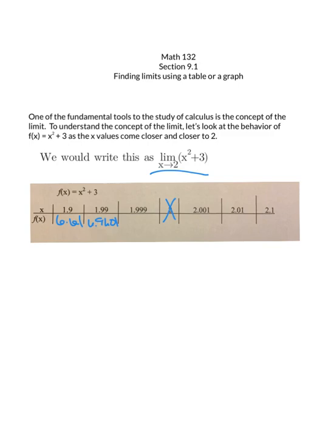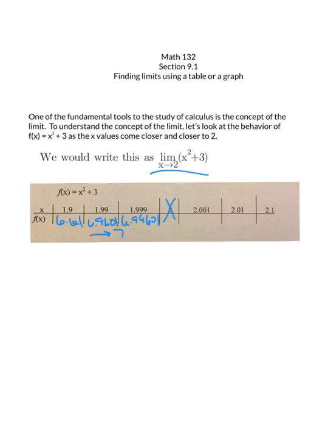And then if you put 1.999 into the calculator, you will get 6.99601. If you look at those numbers, as we get closer and closer to 2, those answers that we got get closer and closer. I'm going to use this arrow to show approaching 7.